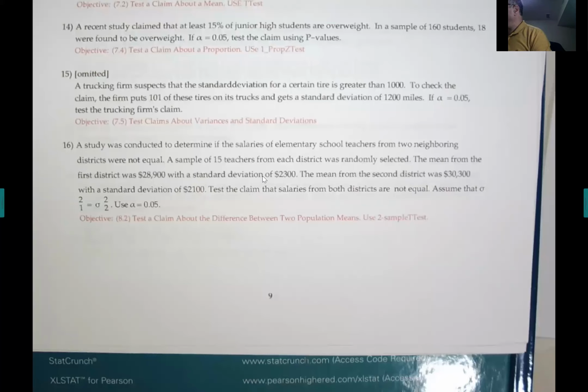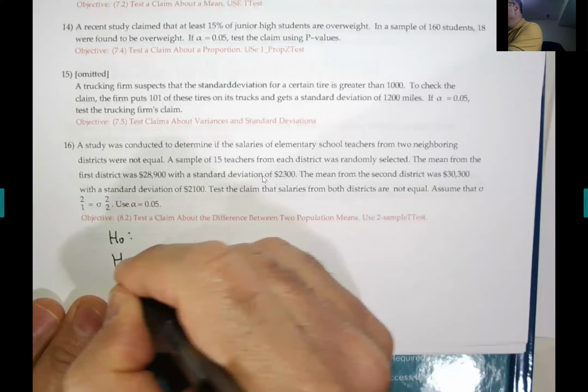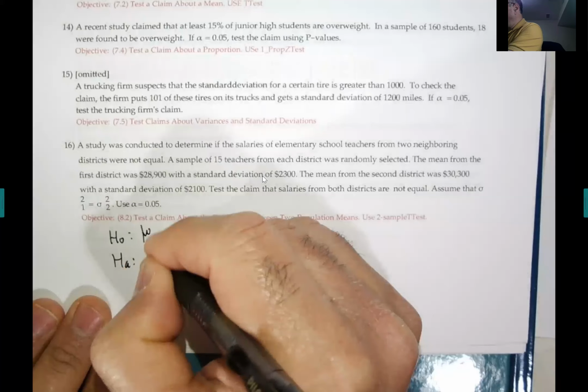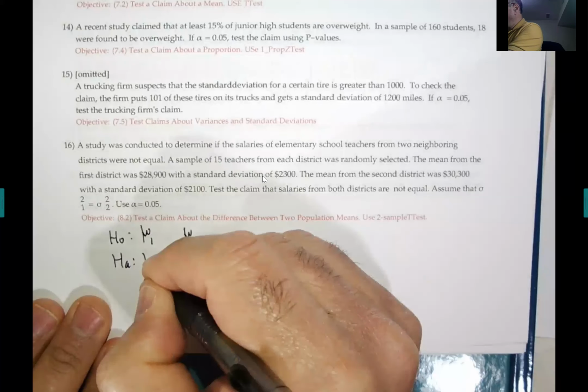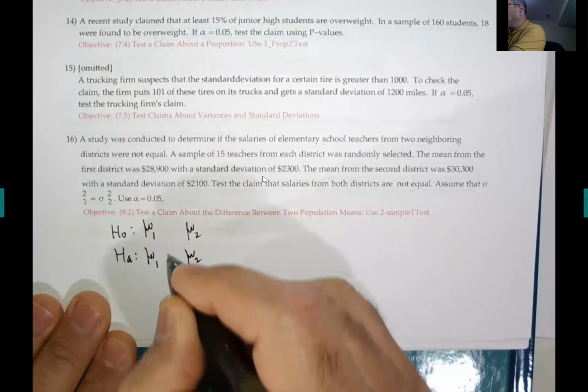The mean from the second district was 30,300 with a standard deviation of 2,100. Test the claim that the salaries from both districts are not equal. So that's clear, guys. He tells us what to do here. H0, HA: I'm going to use mu1 and mu2. He's asking us to check that they're not equal. So it's very simple.